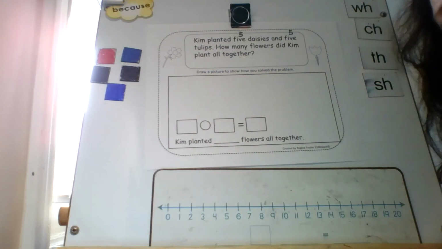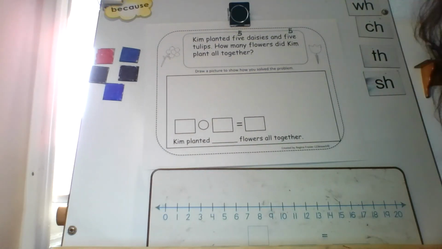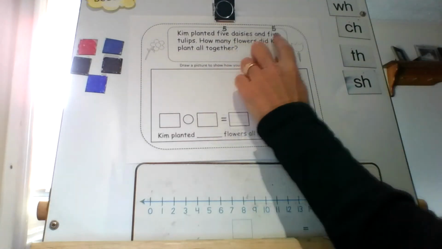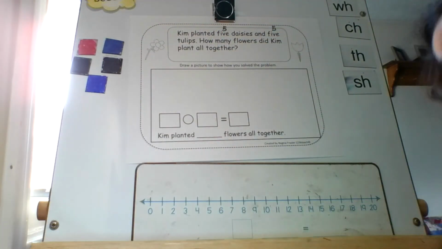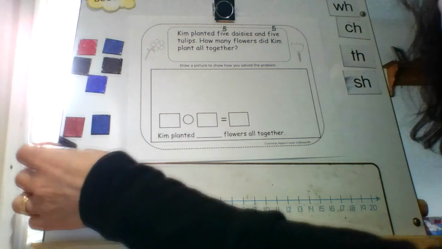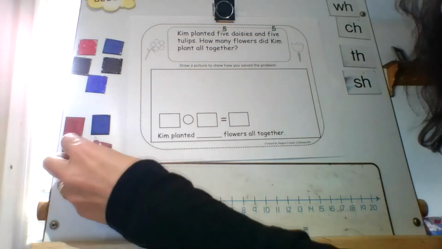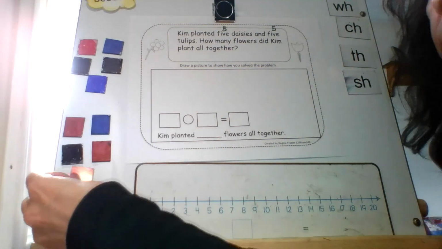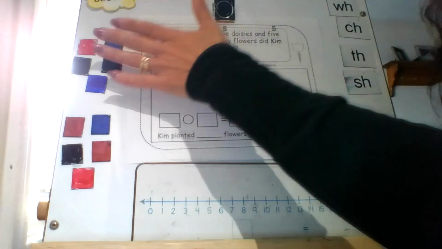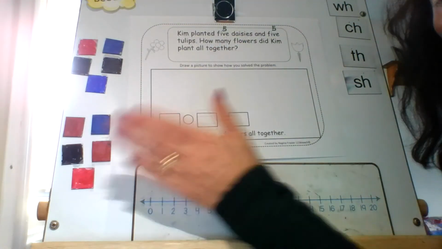Okay. Next, she planted 5 tulips. So get 5 more. These are a different kind of flower. So you have 5 daisies, 5 tulips.